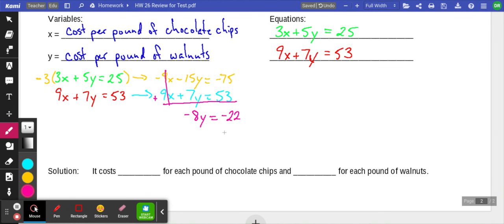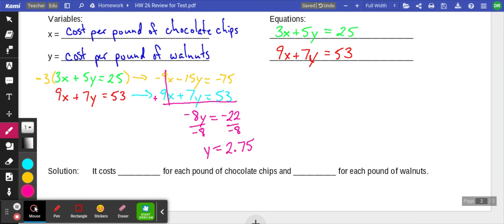Fractions and decimals are always fine, but in general here we're talking about money, and a lot of costs involve dollars and cents. So we're going to be okay here. We divide by -8 and divide by -8, and we end up getting y equals 2.75, meaning $2.75.